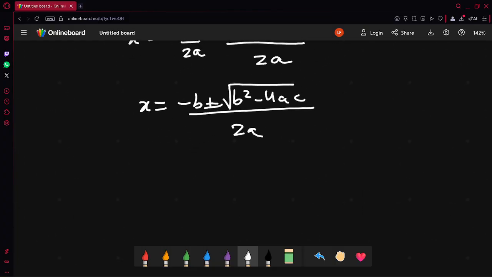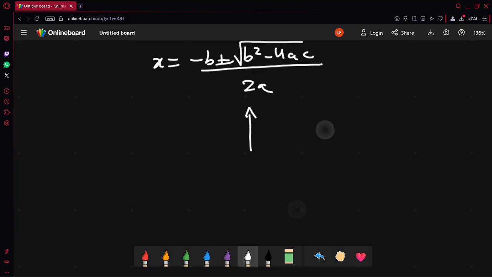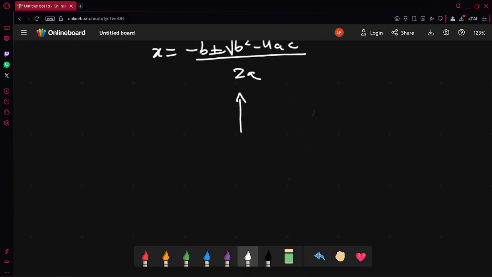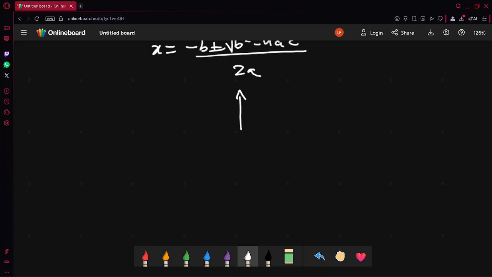And let's say you have a quadratic. You can solve it using this formula right here, by comparing it with the general form of a quadratic. Let's say you have x squared minus 5x plus 6 equals 0.